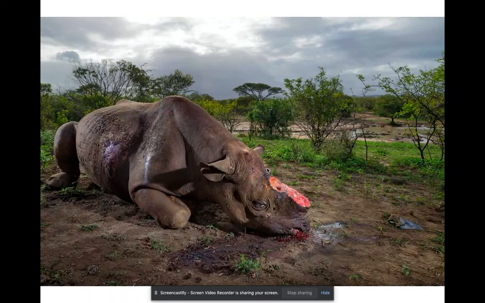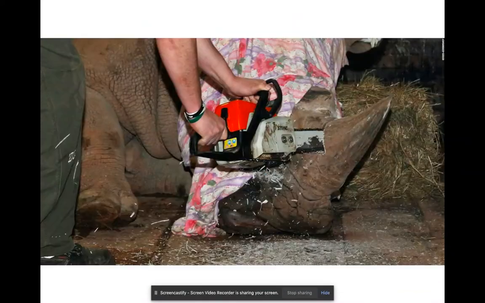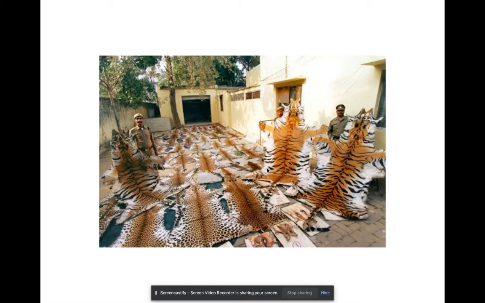This is a rhino. This picture won awards for portraying this problem in various parts of the continent of Africa. You can see here how it's done. It's basically just a chainsaw used to remove the valuable horn.